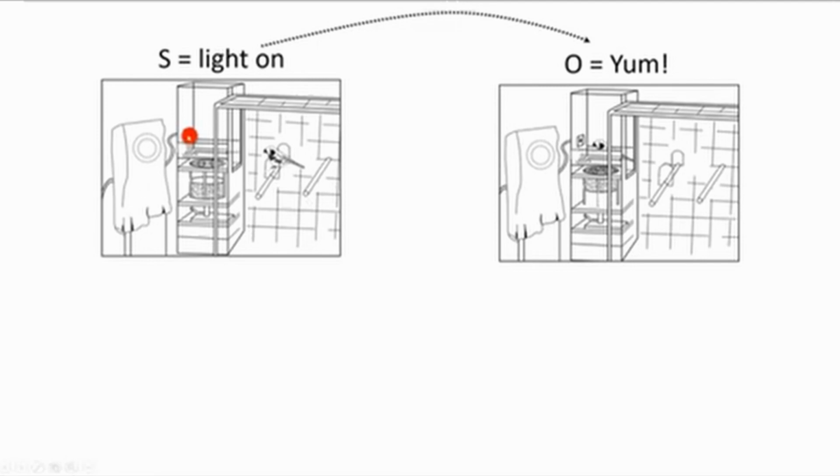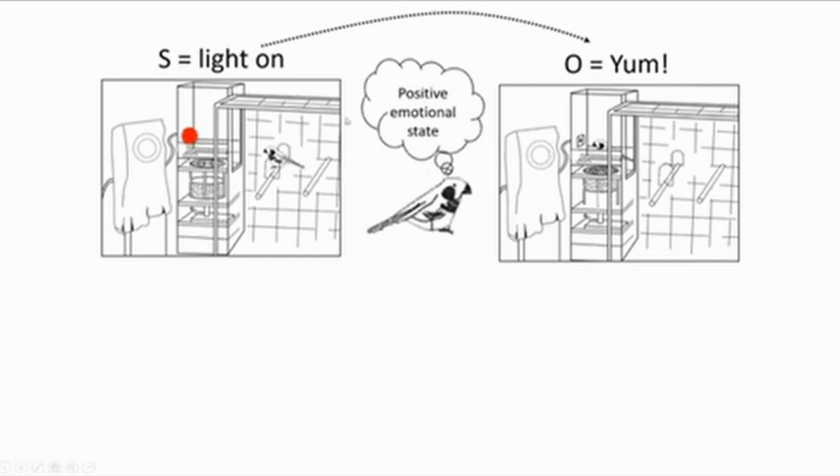So we know that the presence of this particular stimulus, our light being on, gives the opportunity for reinforcement to be had. So this can create a positive emotional state. We have a net positive here. So it is motivating the behavior that will then follow.